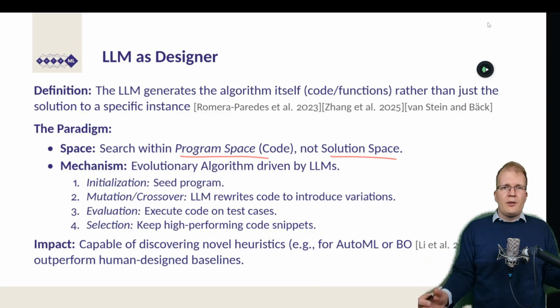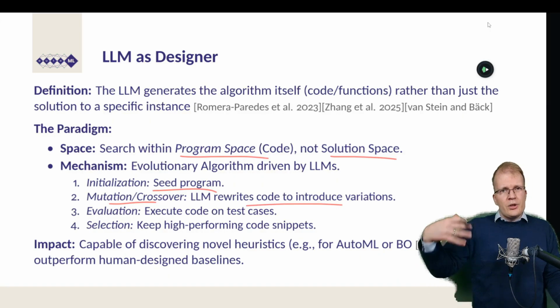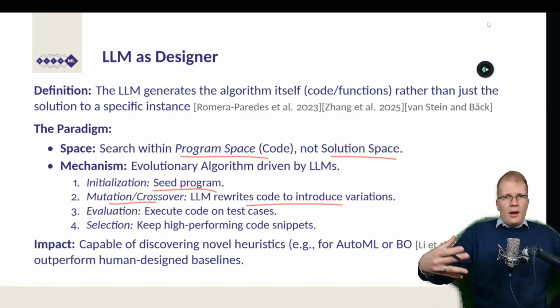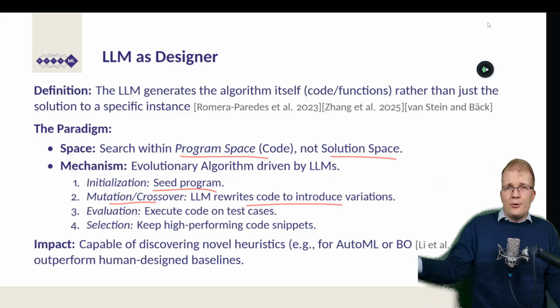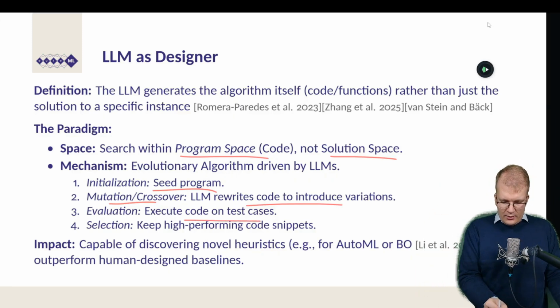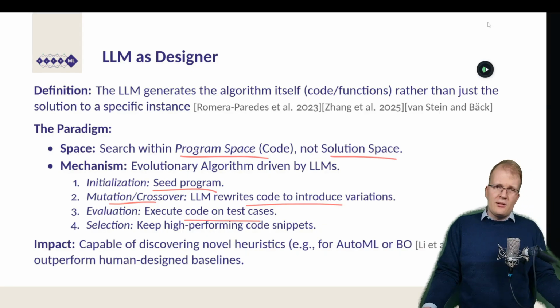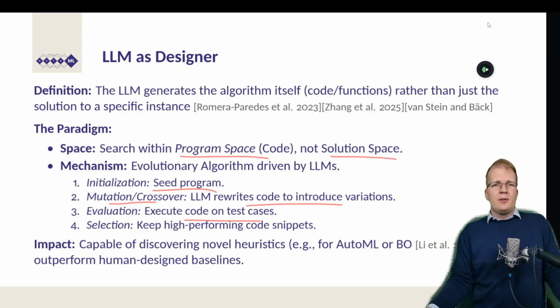It could be, for example, used in an evolutionary algorithm driven by LLMs. So we initialize with some kind of seed program, doing some kind of mutation and crossover to write new code, which then acts as the program to solve the underlying task, followed by evaluation, checking how well it is doing. For example, how well is our new Bayesian optimization code doing on the given task, and then we select, keeping high-performance code snippets and so on.